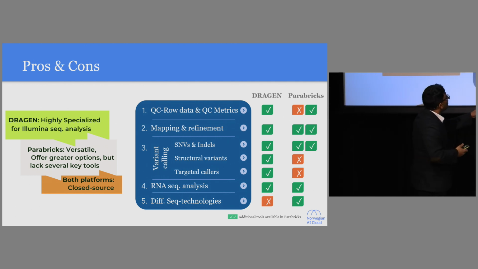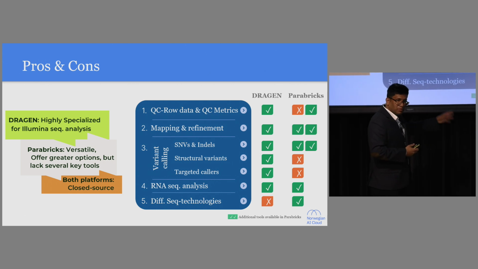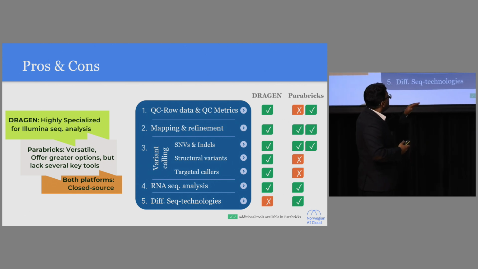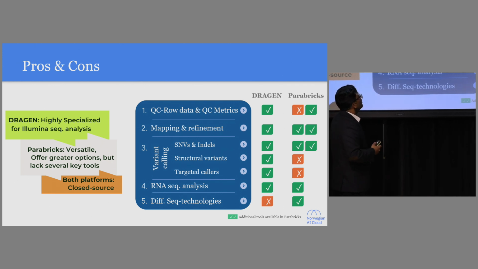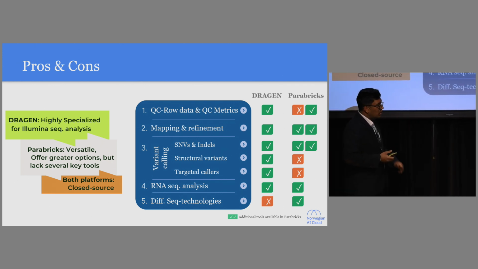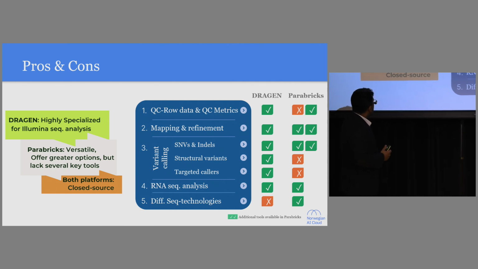Over here, you can see in the DRAGEN column, there are many check marks, meaning that they offer at least one tool or one module for each individual step in the workflow. But here in number 5, there is an X in the DRAGEN column, meaning that it won't work with other sequencing providers. It will work with Illumina.